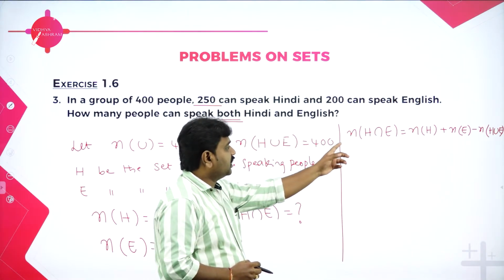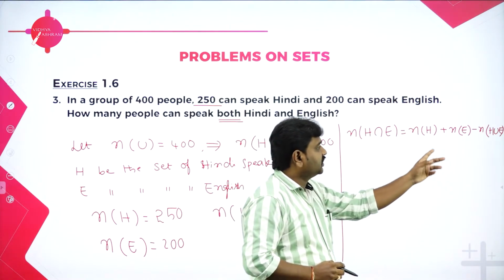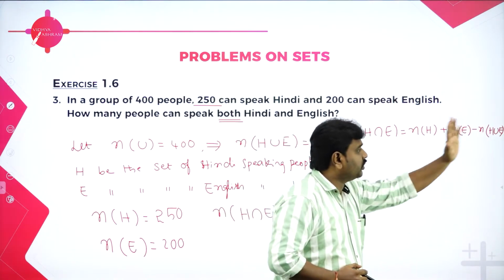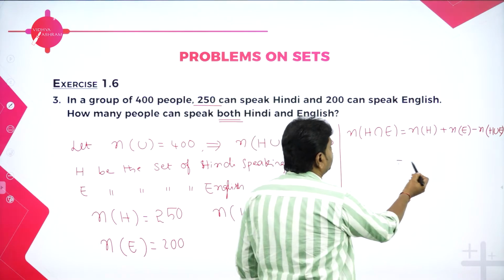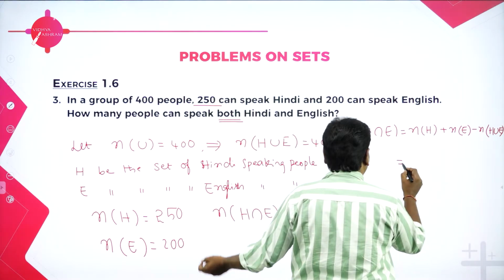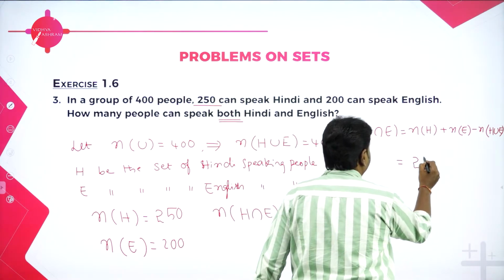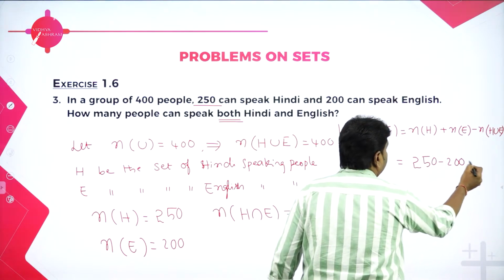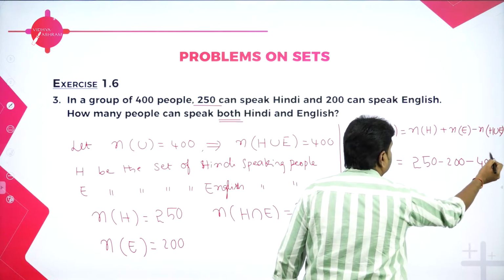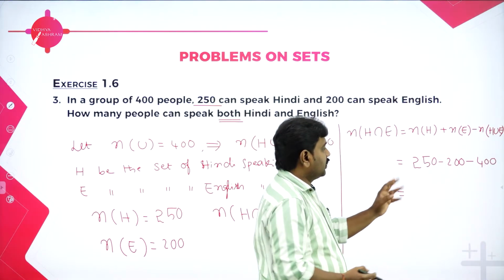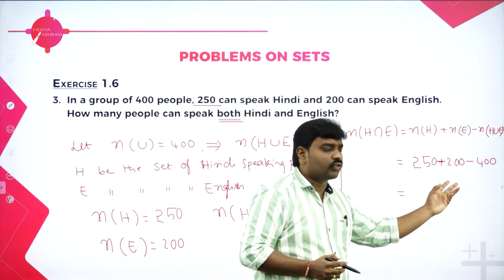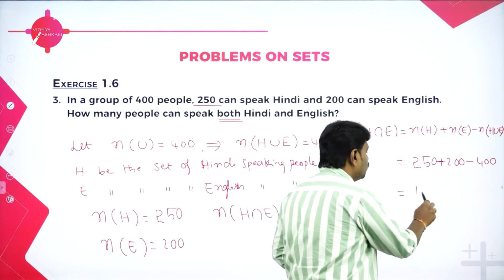What is the formula? N of H intersection E is n of H plus n of E minus n of H union E. If you want intersection, remove union. N of H they have clearly given, that is 250. N of E is 200, minus total 400. So 250 plus 200 minus 400. 250 plus 200 is 450, and 450 minus 400 gives you 50.